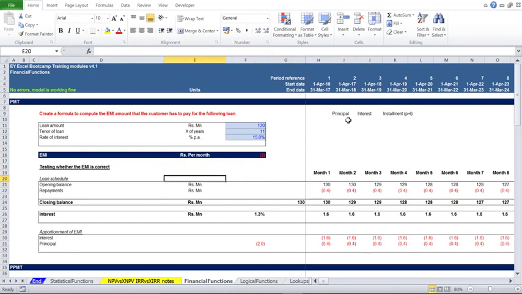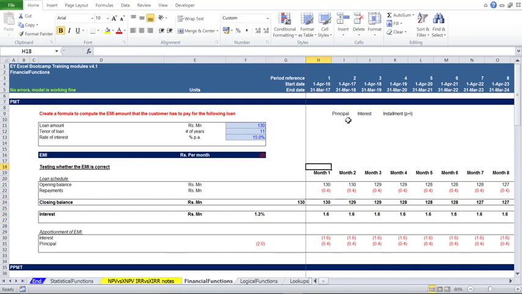Now, as you can see, this is a loan schedule where the opening balances are closing balances of the last year. The repayments are calculated in H in the row 31, which we will see shortly. The closing balance is nothing but the opening balance minus repayments, and the interest amount again is calculated on the opening balance.